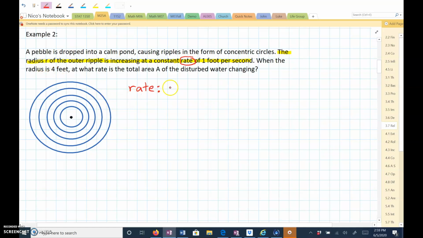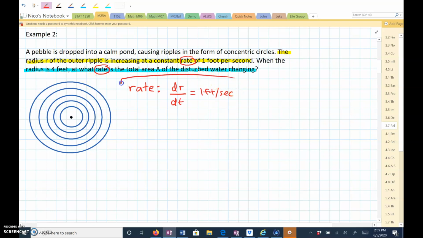So this is saying the rate of change of the radius with respect to time equals 1 foot per second. Okay, so there's that statement. Then it says when the radius is 4 feet, at what rate is the total area of the disturbed water changing? So again, we got the rates.